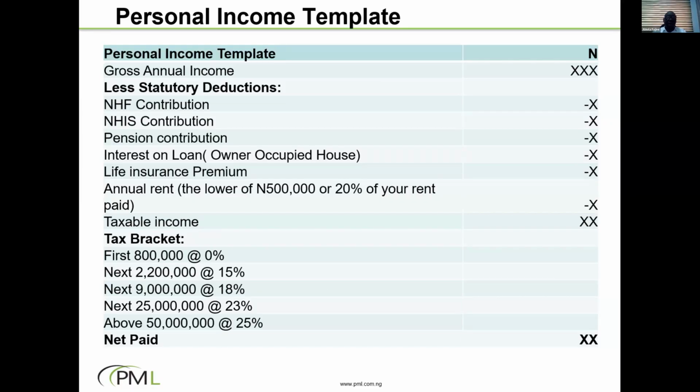And one more point I want to mention in respect of this personal income tax, and we also need to start working on this quickly, because you know our annual individual personal income tax filing is 31st January. So we need to quickly start amending our payroll structure because of our projection.